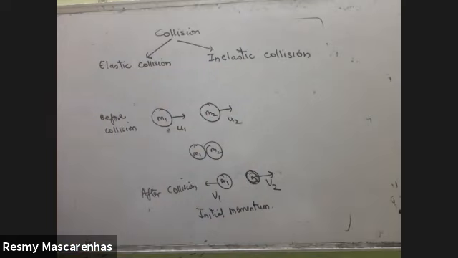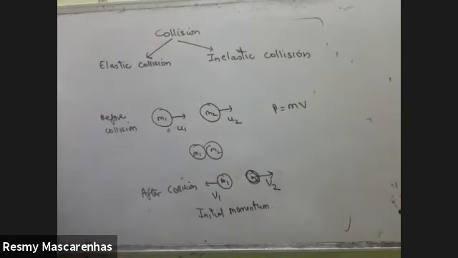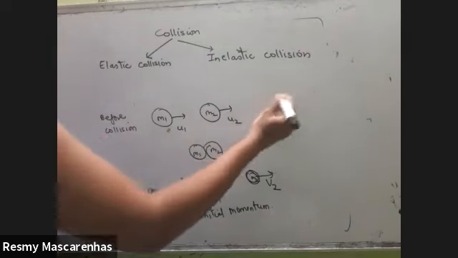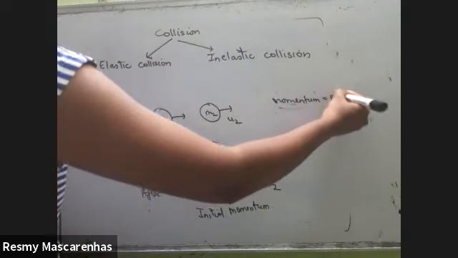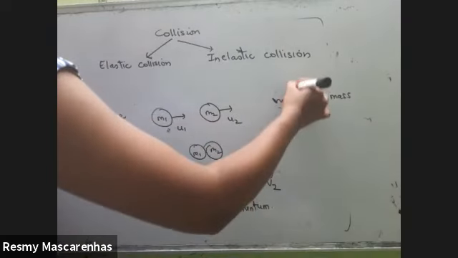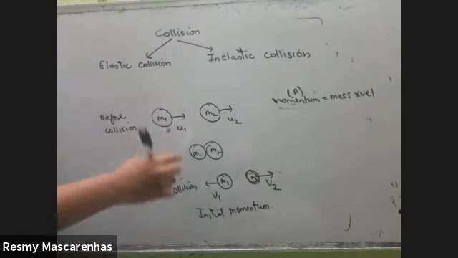What is the momentum formula? Mass into velocity. The momentum formula is mass into velocity, p equals mv. So what is your initial momentum?